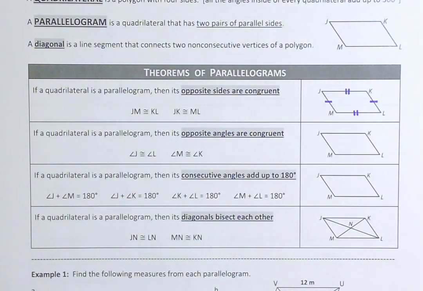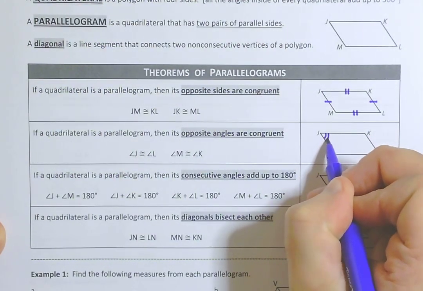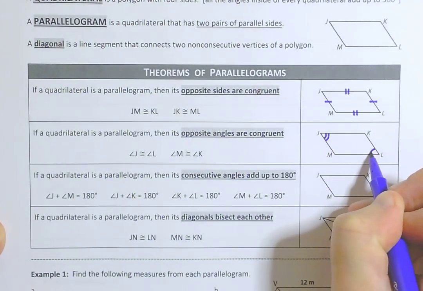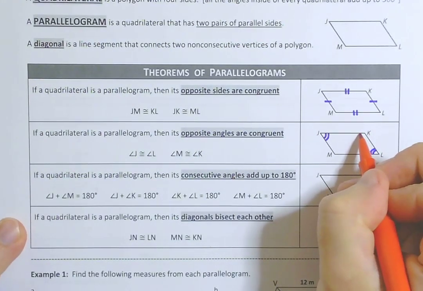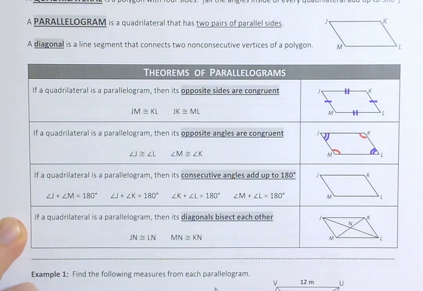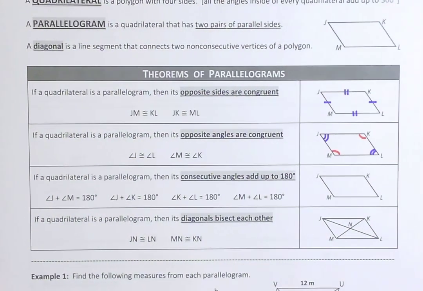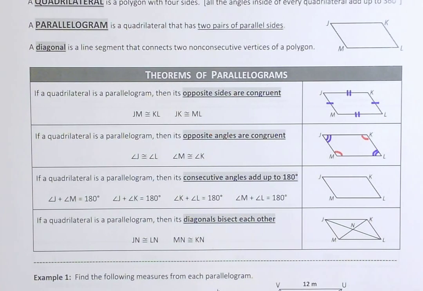What that means is angle J is congruent to angle L, so they both have the same measure. And the other set is angles K and M. So opposite sides are congruent, opposite angles are congruent. Those are our first two properties for today.